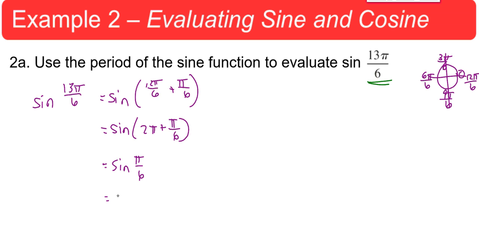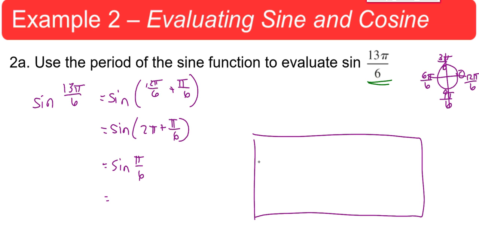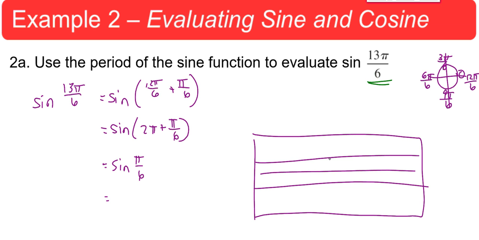I'm going to defer to that table of values now, and let's see what we've got. 0, 30, 45, 60, and 90 are right there, and pi over 6 is 30 degrees.